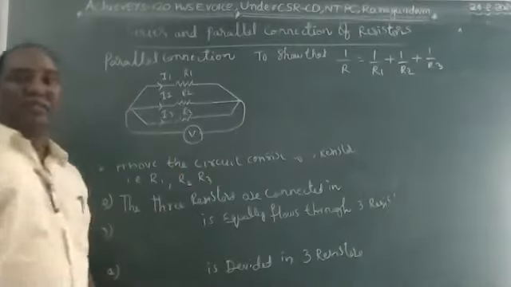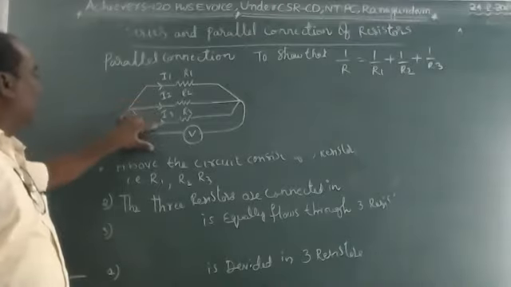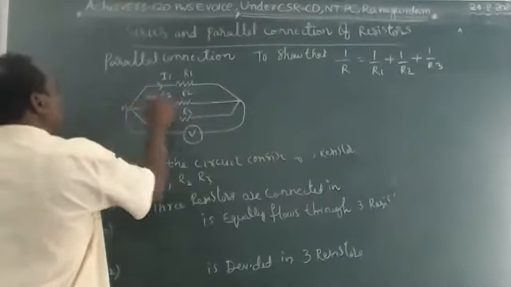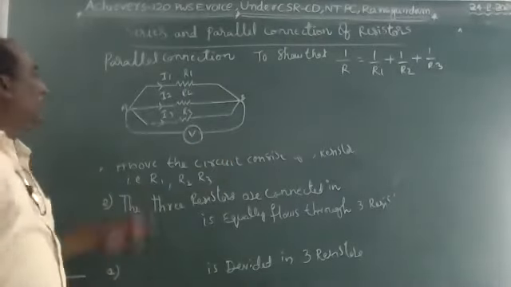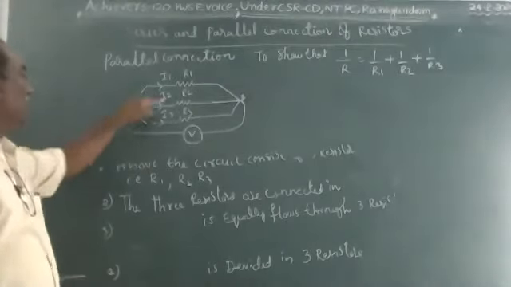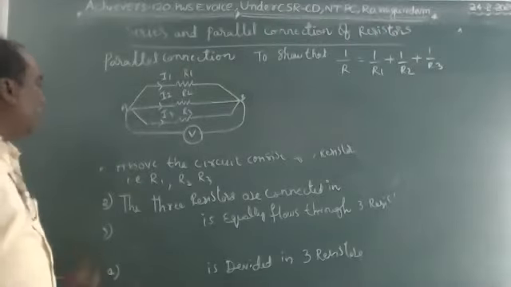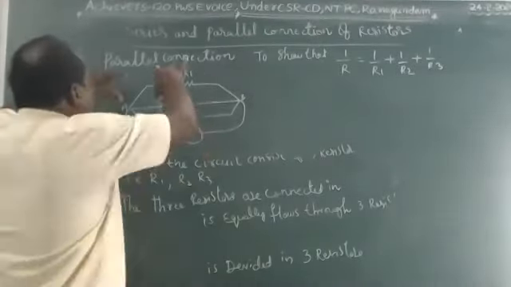This is the parallel connection circuit, children. All the resistors' ends are connected to a common point, for example A and B. This is called parallel connection. Whatever is present in the diagram, we write by seeing the diagram.